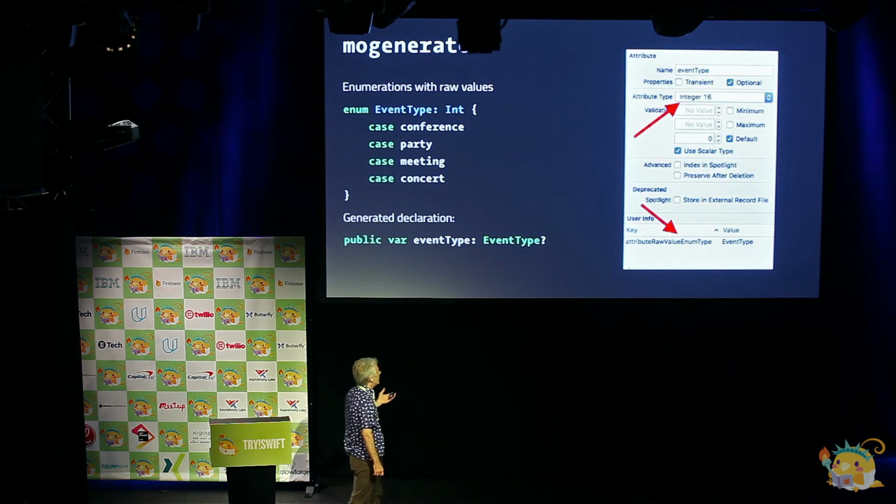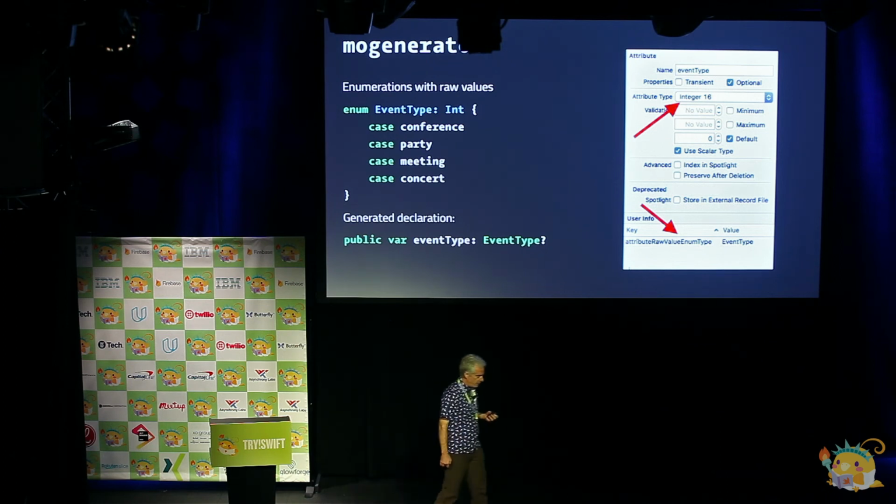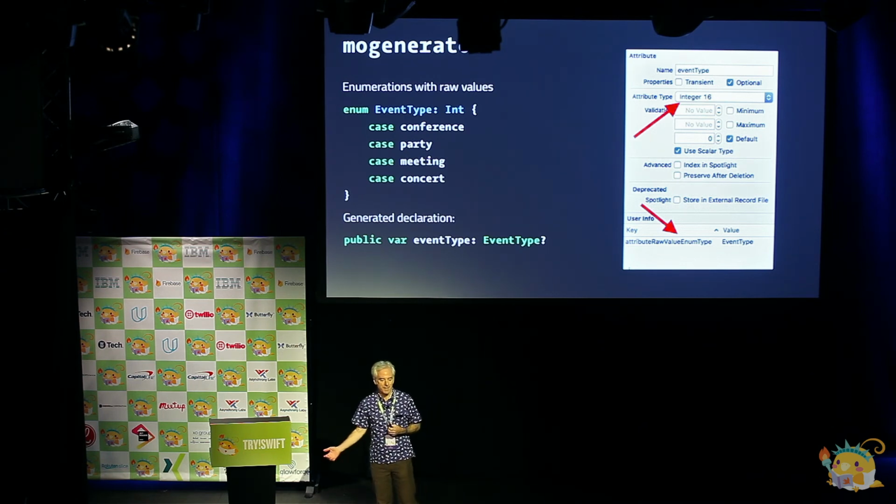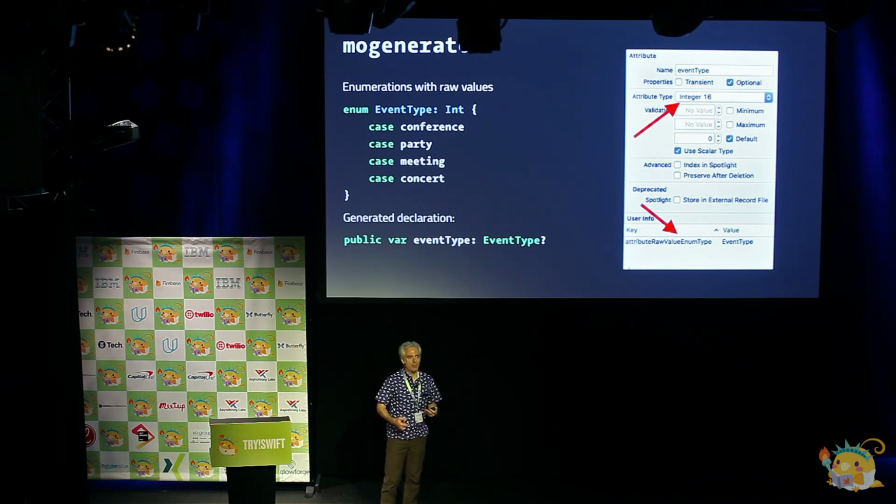And so this allows you to do things like have properties which are Swift enumerations by using a user info key to tell NoGenerator what your enumeration type is. And so then if you have this simple enumeration of your event type, you can have a property which is actually of that event type instead of one that's an integer or something like that.